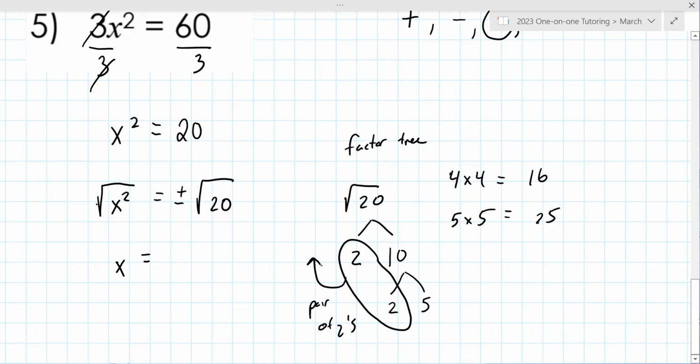Now this probably is new to you. I'm just gonna guess that you haven't seen this before, but you can bring a 2 out. So it's plus or minus 2 square root. Now this 5 stays inside. So we've got what stays inside and what goes outside. So the 5 stays inside the square root.